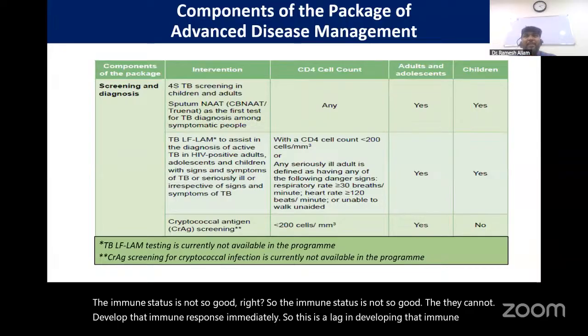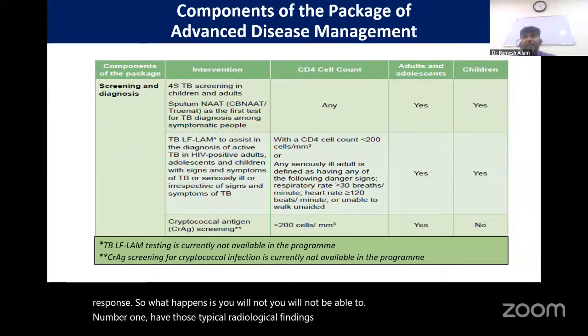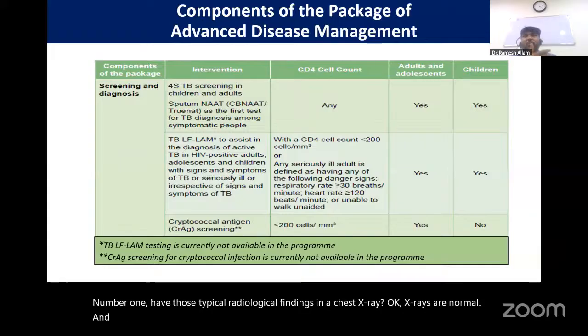So what happens is, you will not be able to, number one, have those typical radiological findings in a chest X-ray. Okay, X-rays are normal. And then what is the most common presentation among HIV patients? Is it extrapulmonary TB or pulmonary TB?